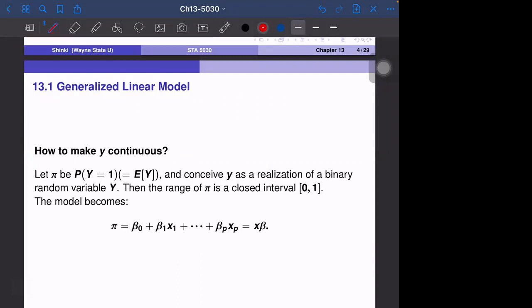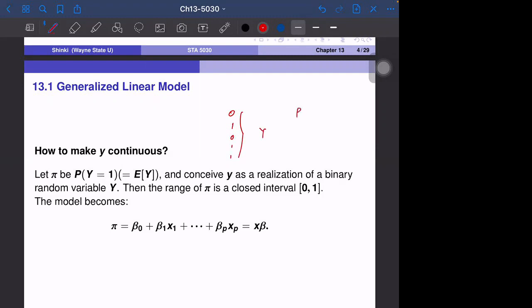So how do we do that? At first we rethink y. Y is either 1 or 0. But the statistical way to think about data is that the data are realizations of random variables. Even though this is just a sequence of 0 and 1, we think of it as a realization of random variable y.